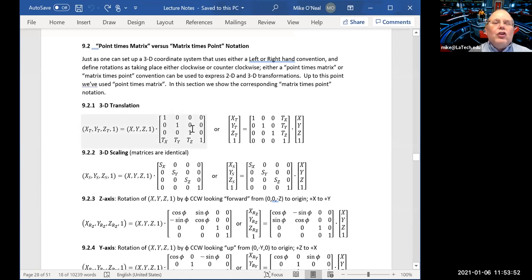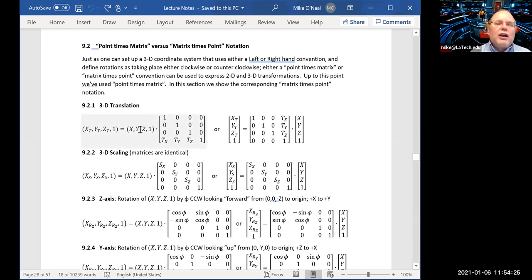But you can just as easily compute the X, Y, Z as a column matrix if you take a matrix and multiply it times a point as a column. So here we have a 4 by 4 times a 4 by 1. Well, that will give you a 4 by 1.